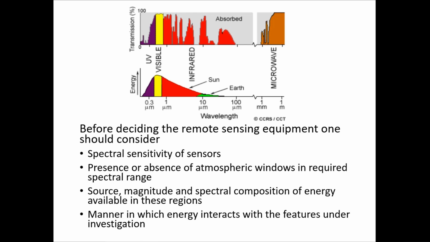So here also you can see the thermal IR region, the transmission is very high. If you have thermal infrared sensors, you can observe the earth features without an external source to illuminate them. So here also some energy is available from the earth's emittance of energy.